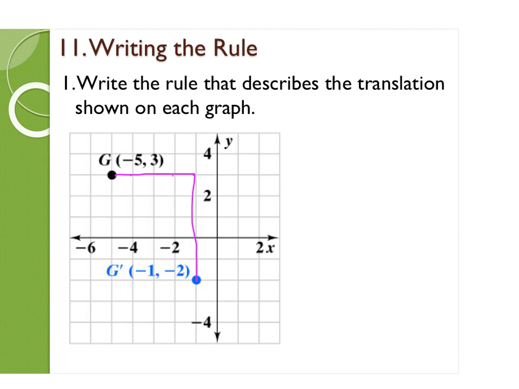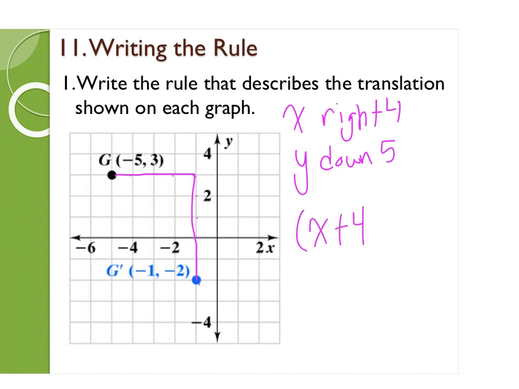So I'm going to the right 4, so X is going to the right 4. And my Y is going down 1, 2, 3, 4, 5. So Y is down 5. So when I write it, it'll be X plus 4 because it's going to the right, Y minus 5 because it is going down.